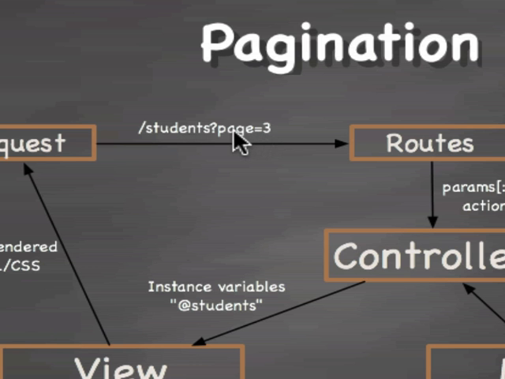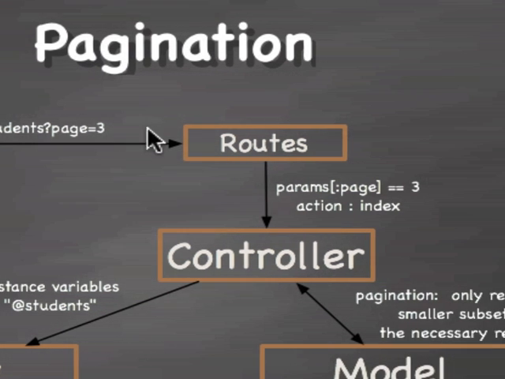So in this case, page is a variable that gets assigned the value 3, and that gets passed through the routing system, which then converts it into the params hash with one element of that being called page, and that is equivalent to 3.